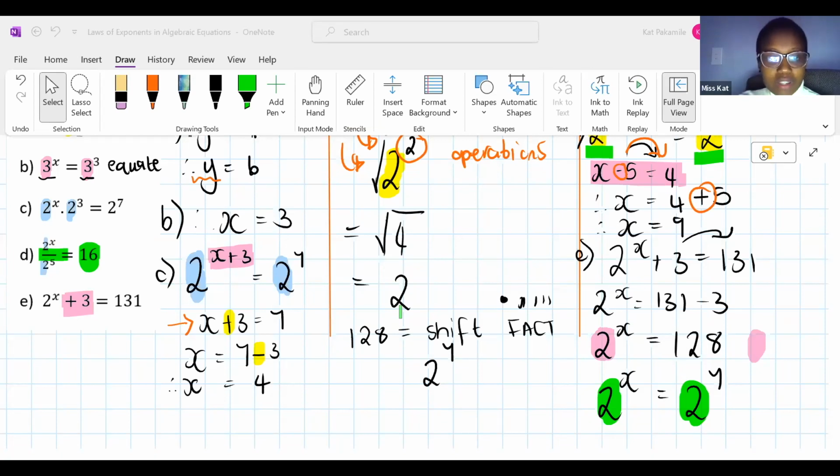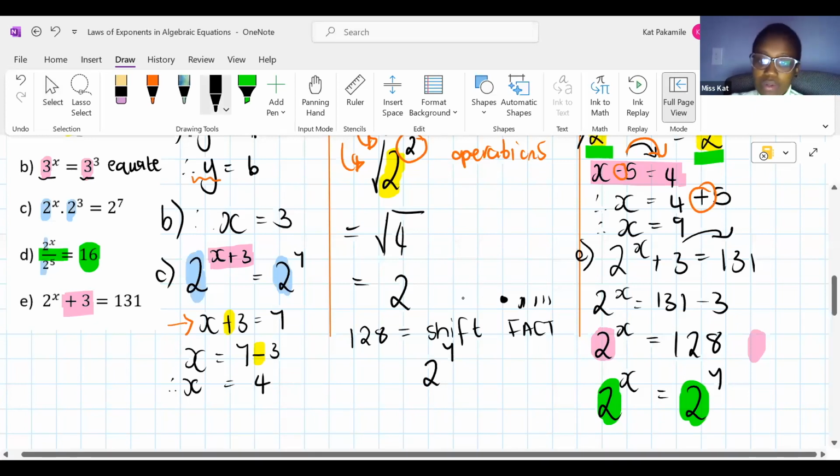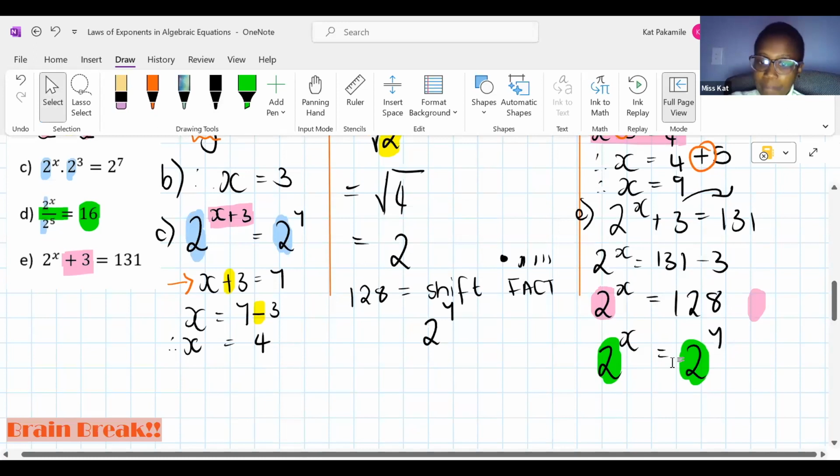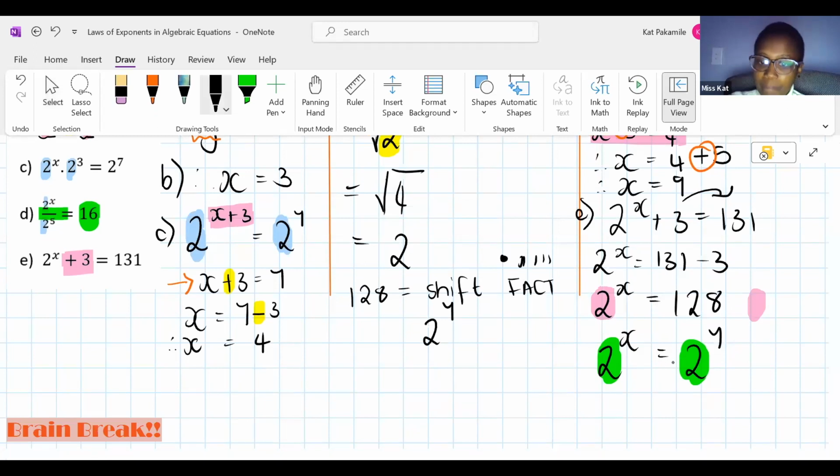If the bases are the same, then the exponents are what? Same base. Thank you, Oyama. Ady says equal as well. Spona says same. There we go. So if the bases are the same, therefore, x will be equal to 7.